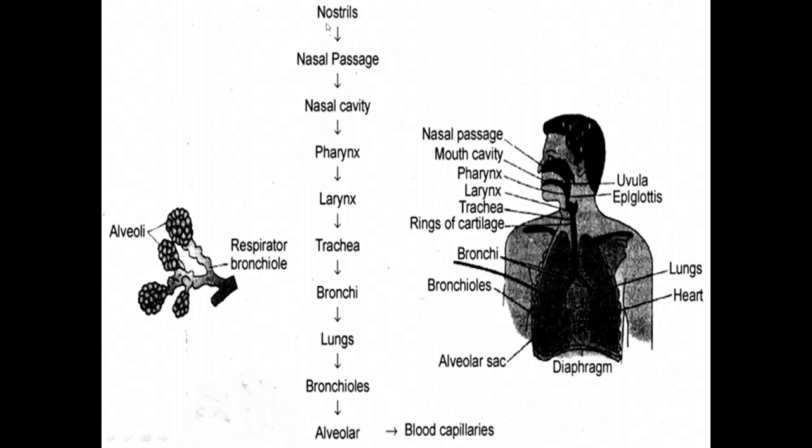If oxygen enters the nostril, it passes through the nasal passage, reaches the nasal cavity, then passes to the pharynx, goes to the larynx, trachea, bronchi present in the lungs, then reaches the bronchioles and finally the alveoli, and there the exchange takes place in the blood capillaries.